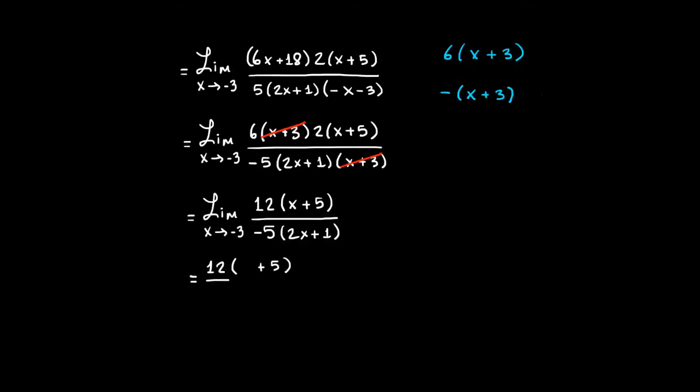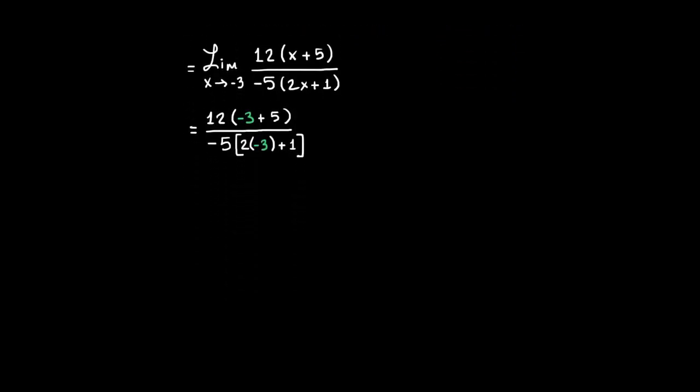It will be all over -5 times 2 times negative 3 plus 1, closing this bracket, and here is a negative 3, here is a negative 3. Notice that we are not writing the limit symbol anymore because we are substituting the values in here for x. We stop writing the limit symbol.